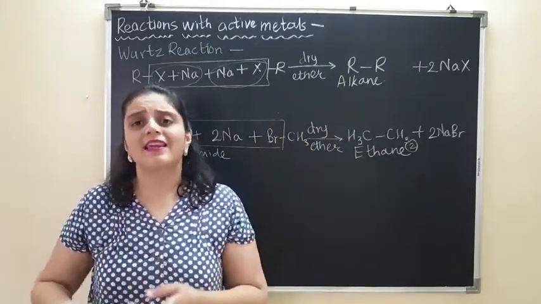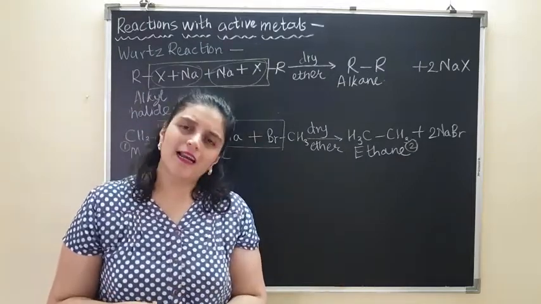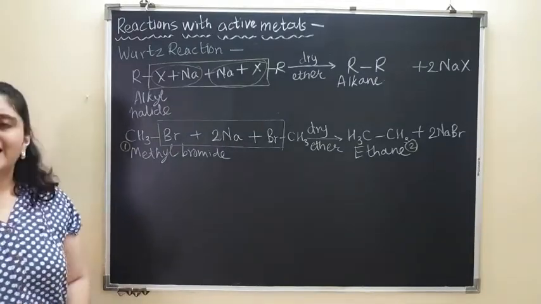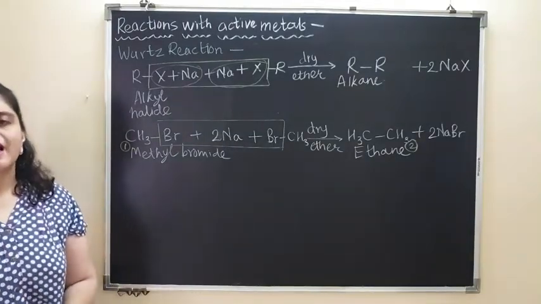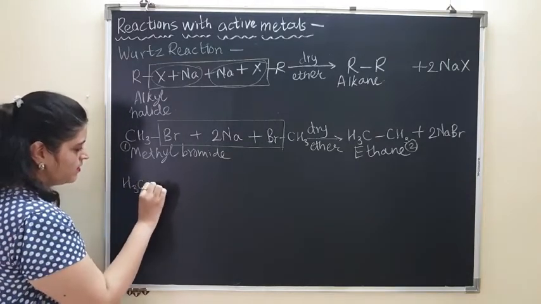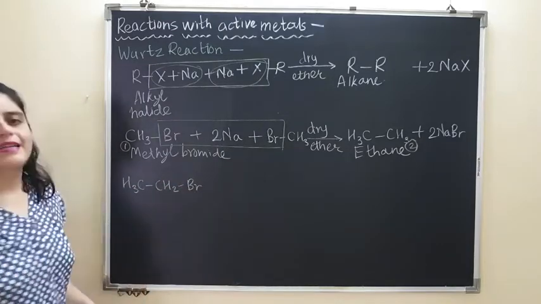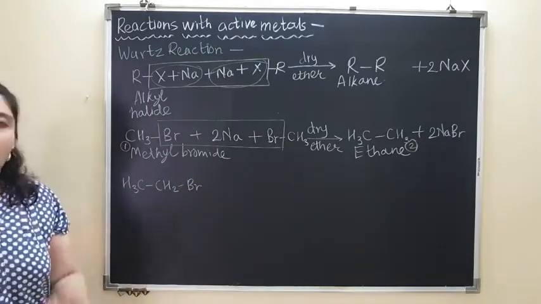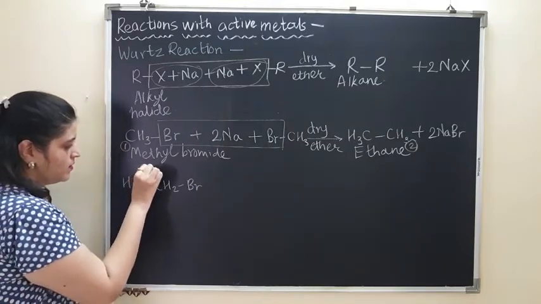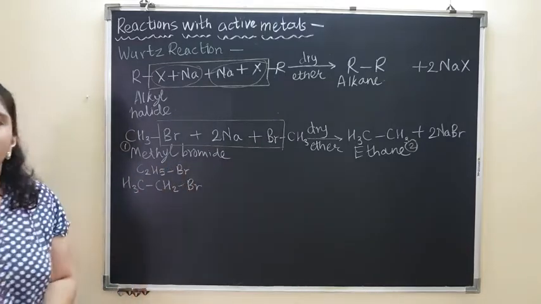If you begin with the reactant of 1 carbon atom, you get a product of 2 carbon atoms. If you begin with the reactant of 2 carbon atoms, you get a product with 4 carbon atoms. So let us learn one more example of this. Now let us take the example of ethyl bromide, CH3CH2Br, or else you can write C2H5Br.